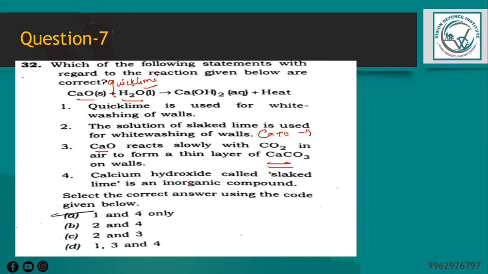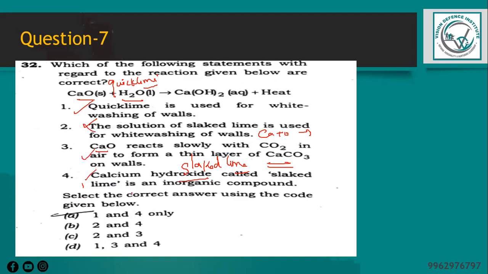When we talk about statement 4, calcium hydroxide is also known as slaked lime, right? So it is an inorganic compound. So in these cases, 1 is correct, 3 is correct and 4 is correct. Only statement 2 is incorrect here, okay?